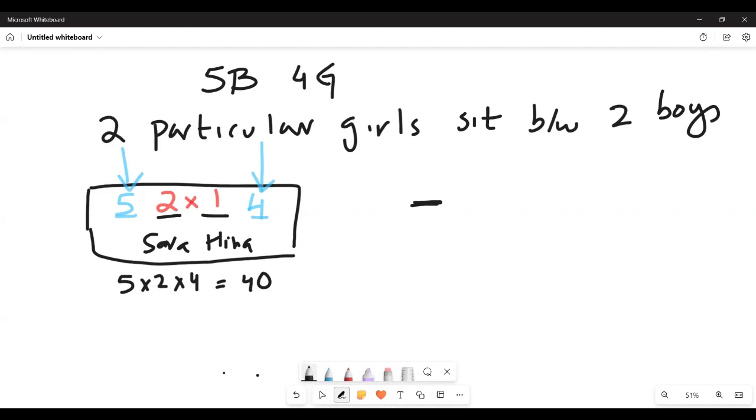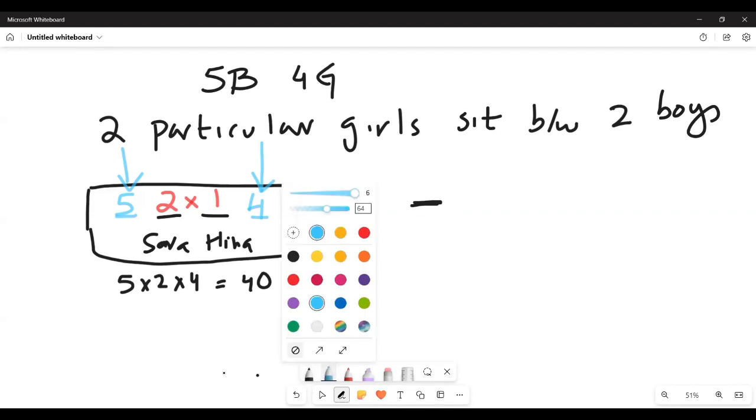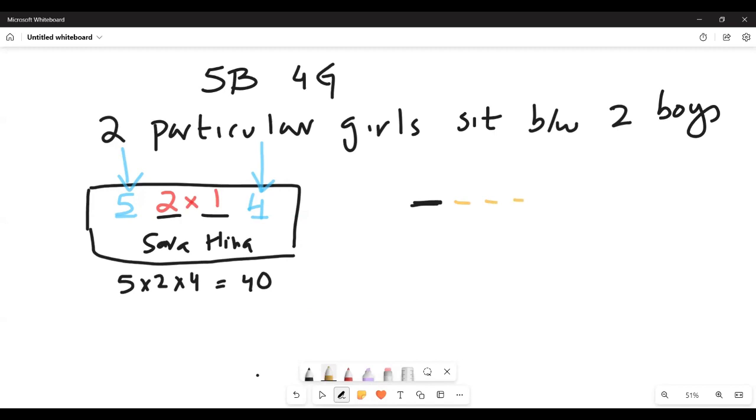So that's 4 people, and the remaining 5 people are left apart from the group. So this has 6 factorial arrangements times the 40 arrangements of the group. So whatever is the answer for this is the number of arrangements if 2 particular girls sit between any 2 boys.